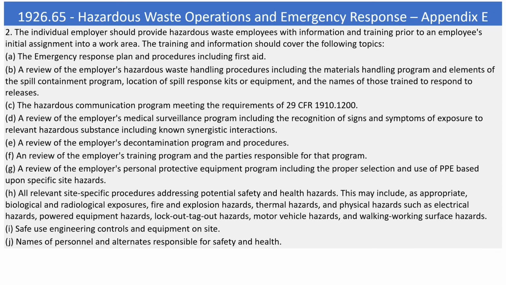This may include, as appropriate, biological and radiological exposures, fire and explosion hazards, thermal hazards, and physical hazards such as electrical hazards, powered equipment hazards, lockout-tagout hazards, motor vehicle hazards, and walking working surface hazards. I. Safe use of engineering controls and equipment on site. J. Names of personnel and alternates responsible for safety and health.